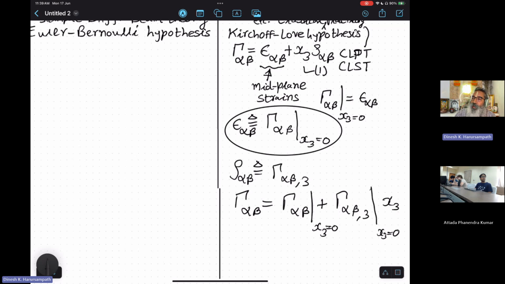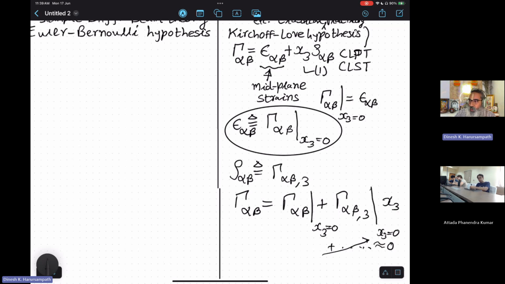So if you look at it closely, it's nothing but a Taylor series that you're familiar with, a power series, just that in reality it should have many more terms, higher order derivatives with respect to x3 and powers of x3, x3 squared, x3 cube, and so on. All that Kirchhoff and Love said is that these are all approximately 0. So in other words, they neglected the product of the higher order derivatives of gamma alpha beta with respect to x3 multiplied by the higher powers of x3.